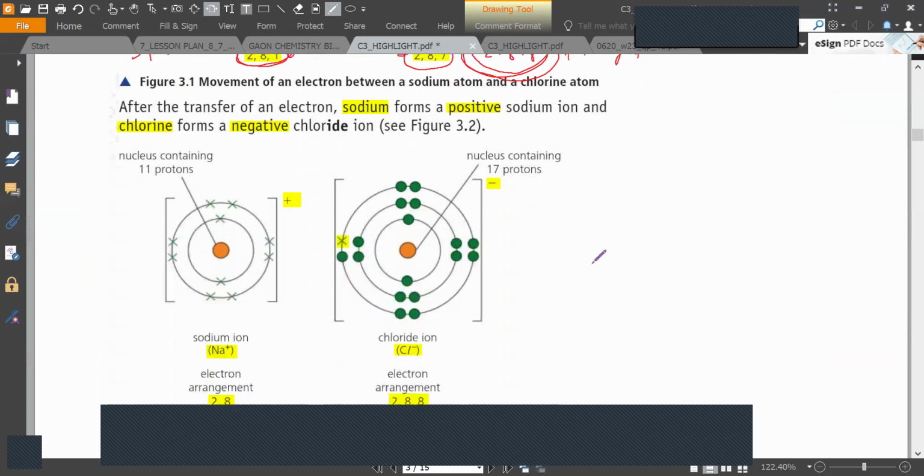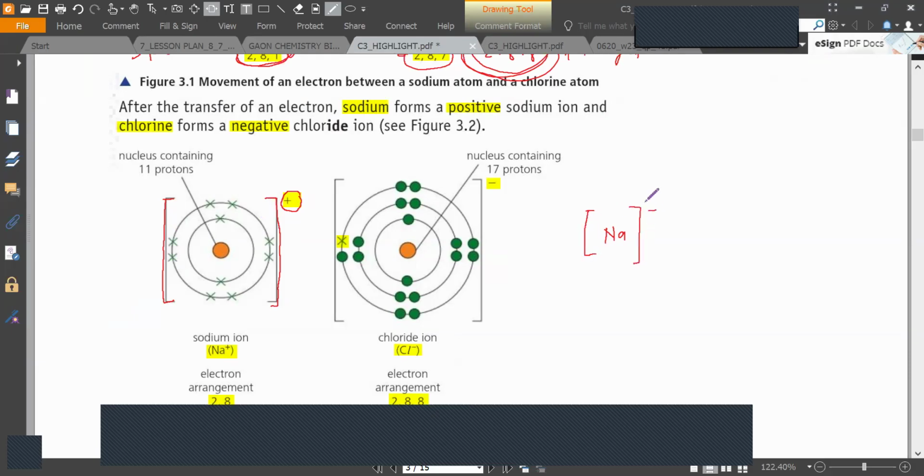And then this sodium, after losing one electron, will form a positive ion. This is how we present it. We must draw this square bracket to represent this ion. So we can draw like this, or we can draw like this. Sometimes in the exam, they just want us to put the outer shell, so we just put like this.